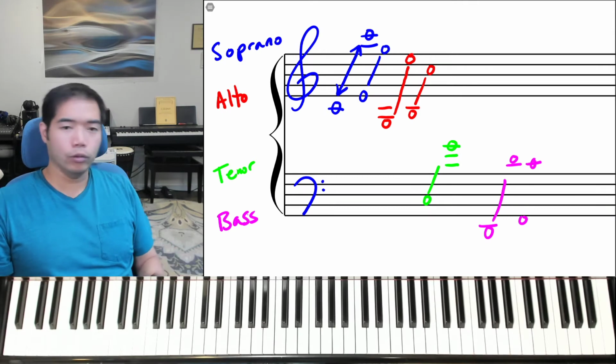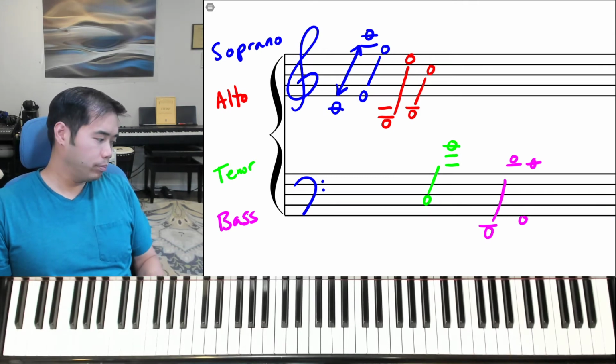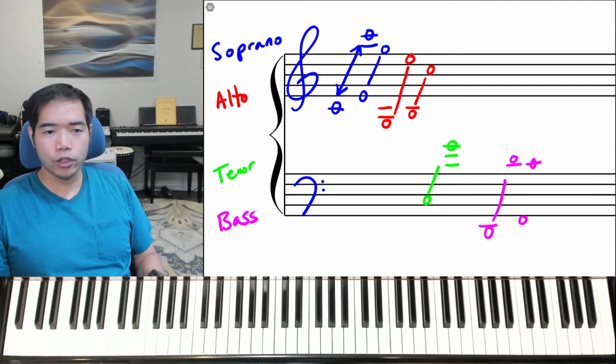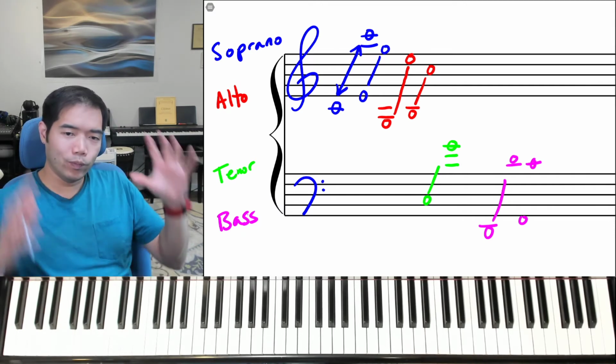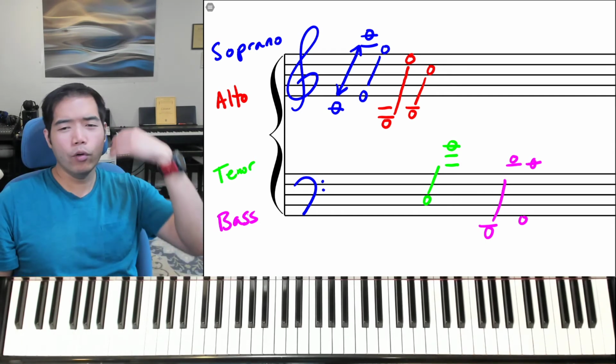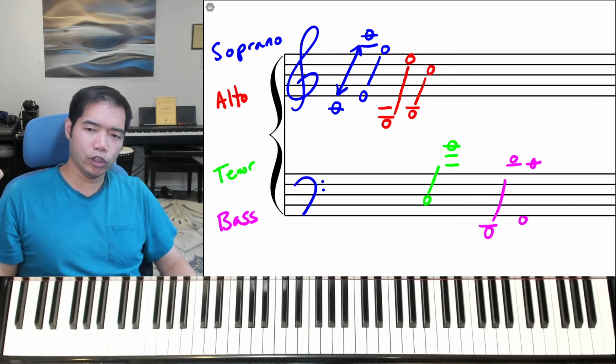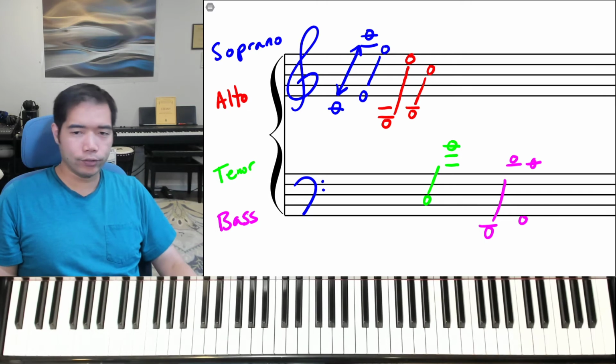You have alto range instruments. Clarinet also sits in the alto range. The viola sits in the alto range. Okay, so there are classifications of instruments that kind of follow these voicings, although usually instruments have their own peculiarities when it comes to registration. Okay, so for now we're thinking more from a vocal perspective.